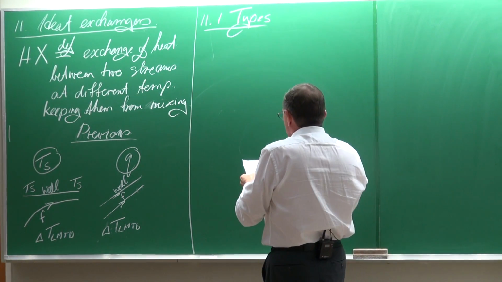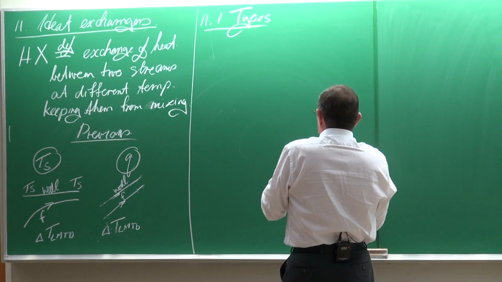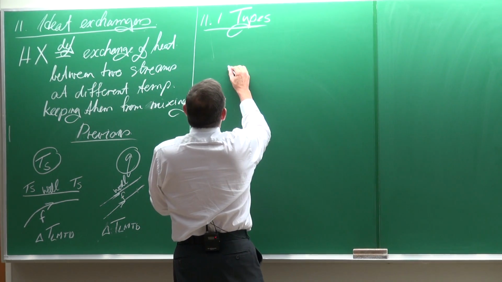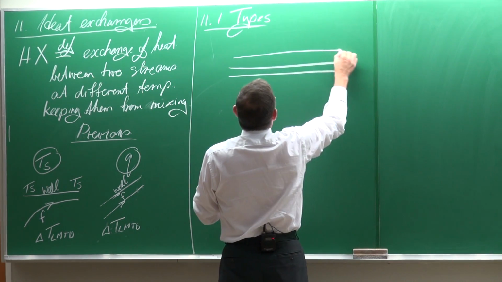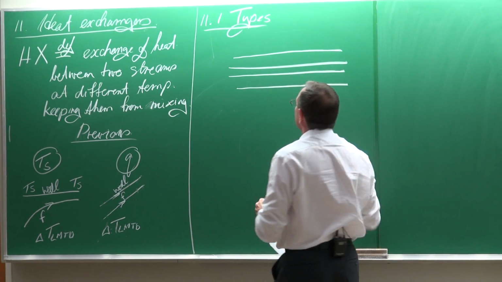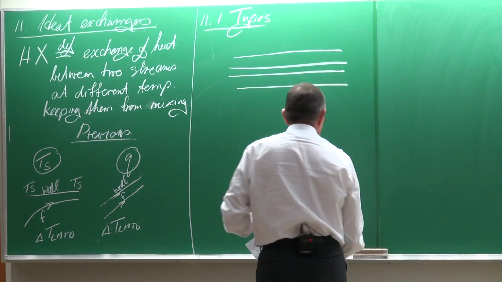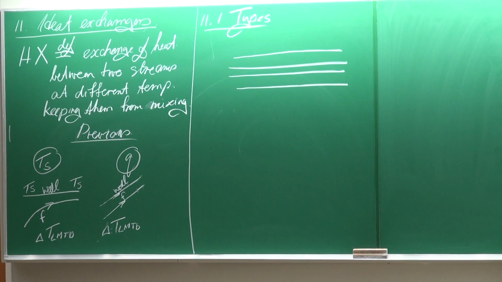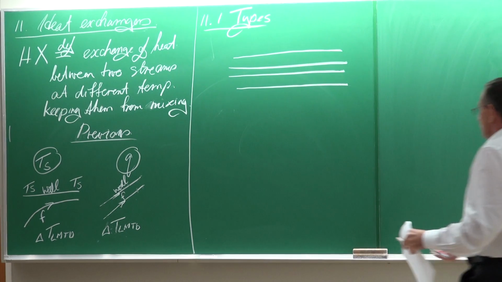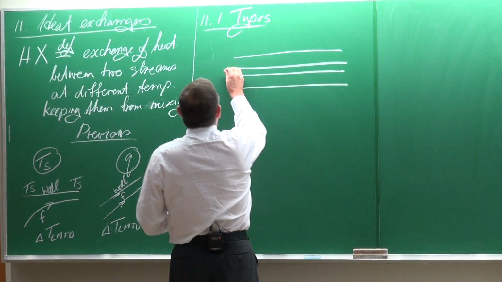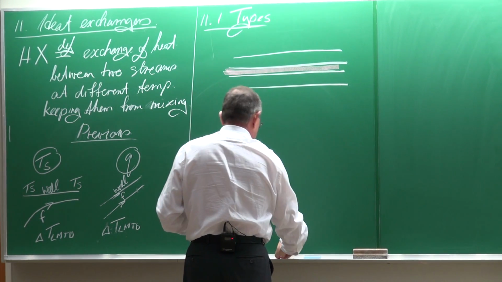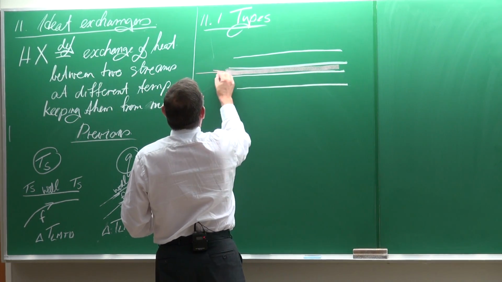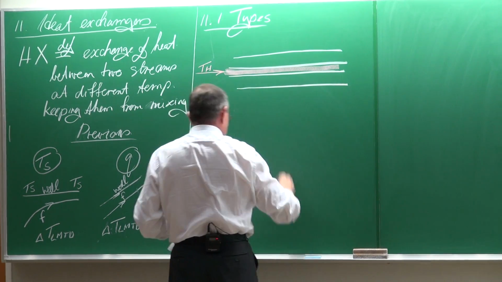So the simplest type is called the tube-in-tube heat exchangers, and with that we normally have one circular tube inside another circular tube, where I'm going to use the red chalk and the blue chalk to identify the hot stream flowing through there. Okay, so that is the hot stream.